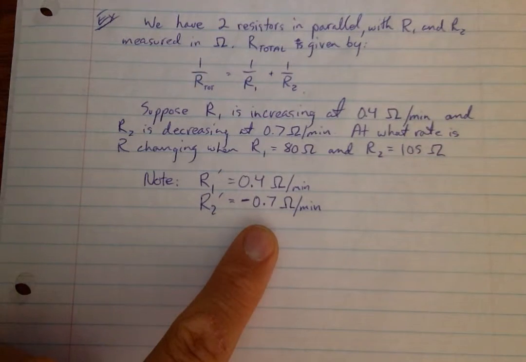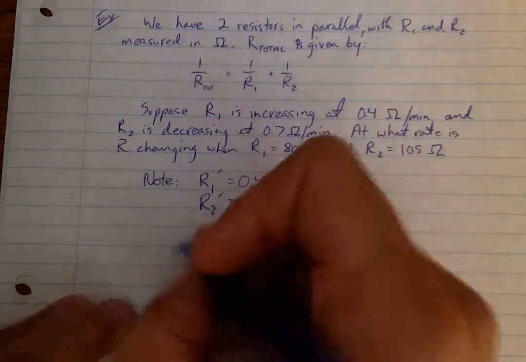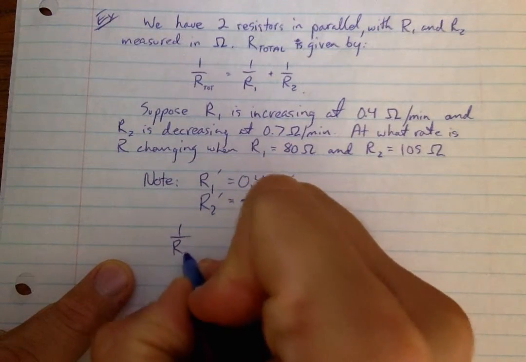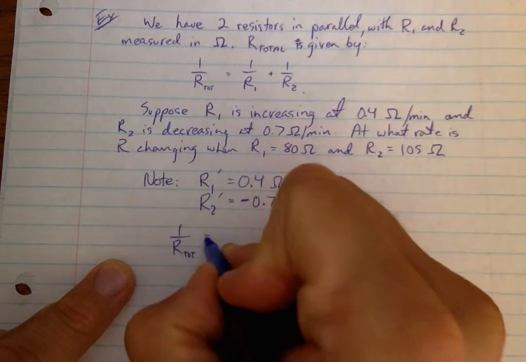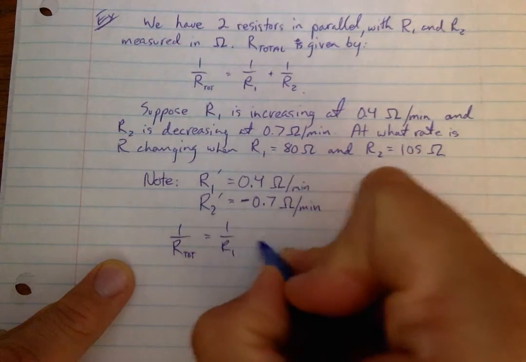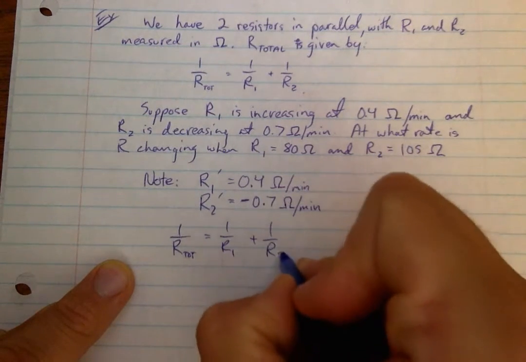Okay, great. So now, what do we have? We have our equation, 1 over R total equals 1 over R1 plus 1 over R2.